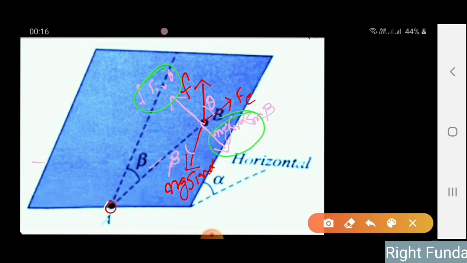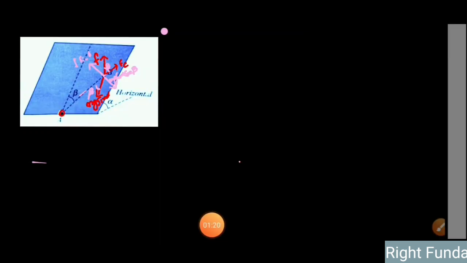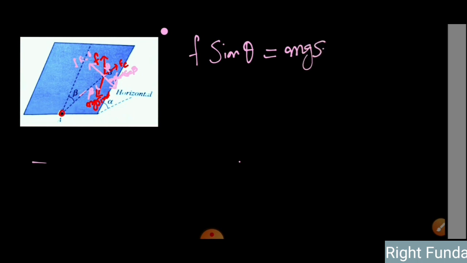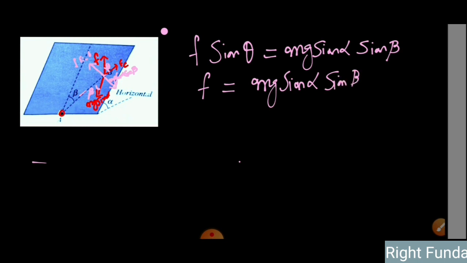So f sin theta has to balance mg sin alpha sin beta, or f is equal to mg sin alpha sin beta by sin theta.